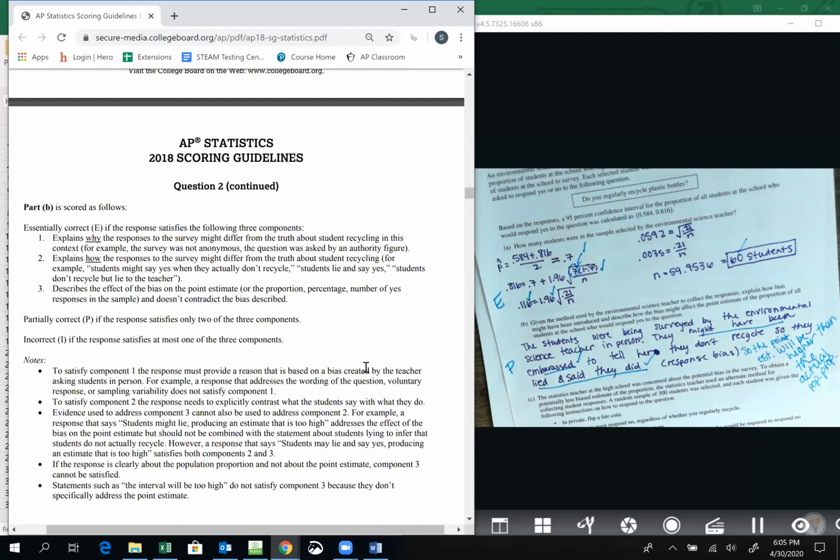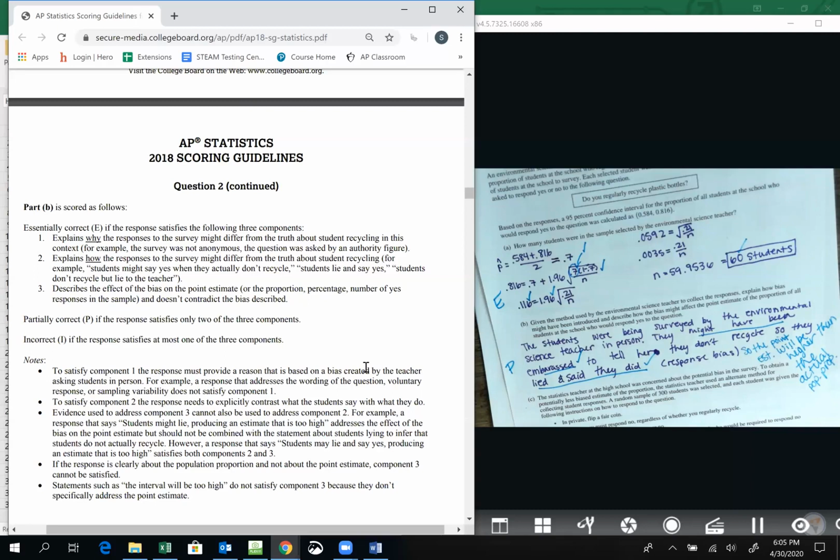Evidence used to address component 3 cannot also be used to address component 2. For example, a response that says students might lie, producing an estimate that is too high, addresses the effect of the bias on the point estimate, but should not be combined with the statement about students lying to infer that students do not actually recycle.